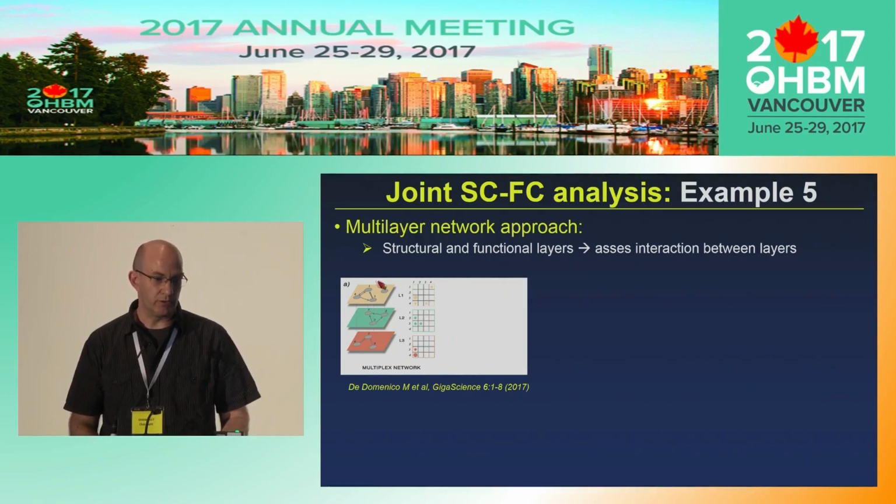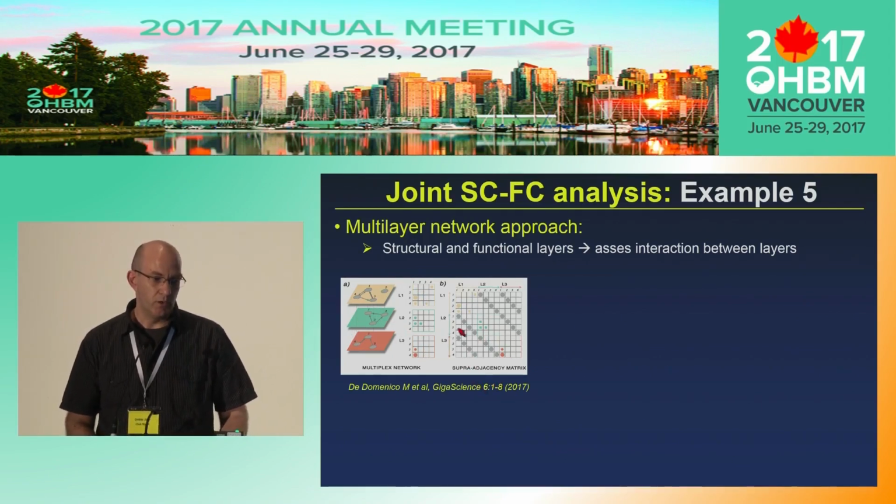But what you can also do is condense all this information into what is known as a super-adjacency matrix, where you use the extra information that, say, node 1 is connected to node 1 in another layer, and to node 1 in yet another layer. There is a labeling that tells you they are linked to each other. If you look at this matrix, the diagonal blocks are pretty much the same as these ones, the same as this one, so they give you the intra-layer information, and the off-diagonal blocks give you the inter-layer information.